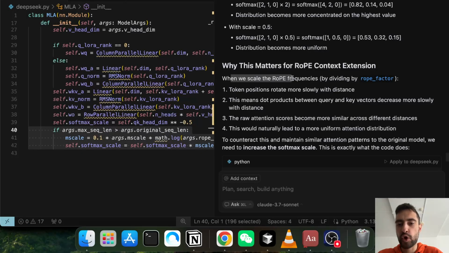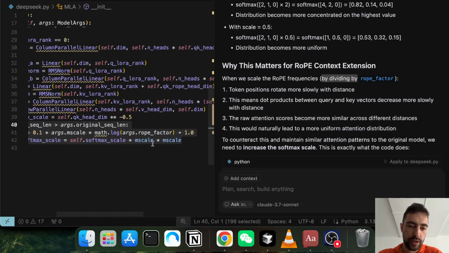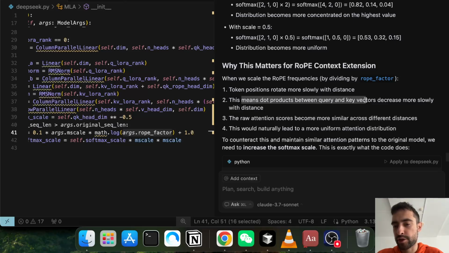When we scale the RoPE frequencies by dividing by the rope factor, you can see it here, token positions rotate more slowly with distance, so the rotation is slower. We know that. This means dot products between query and key vectors decrease more slowly with distance. The raw attention scores become more similar across different distances.